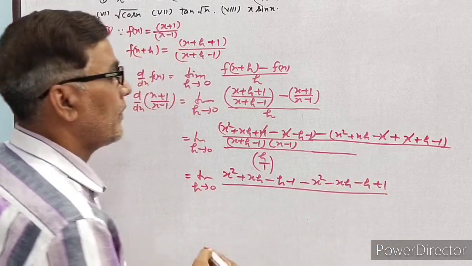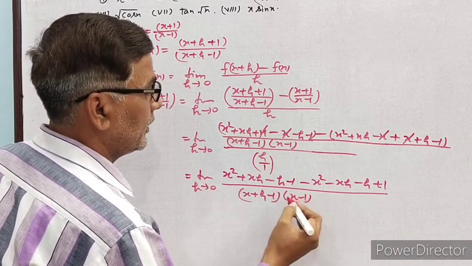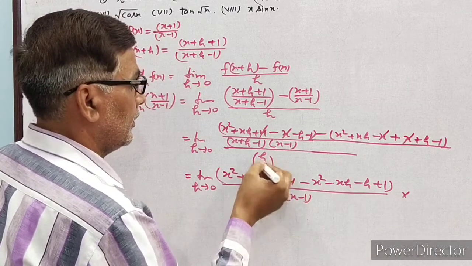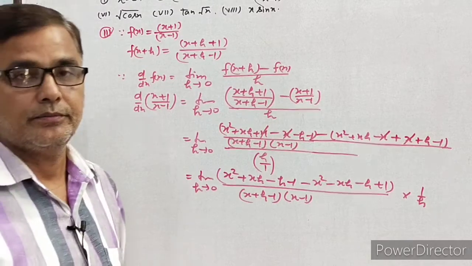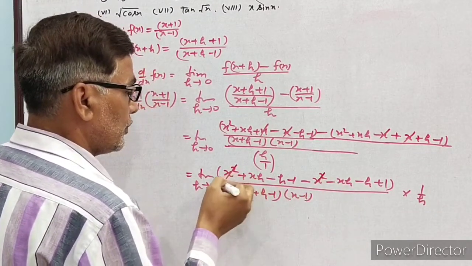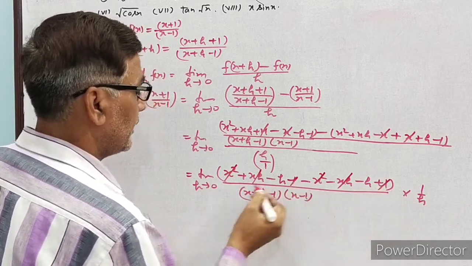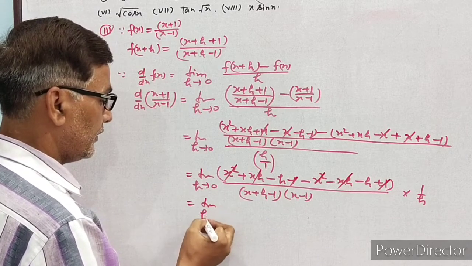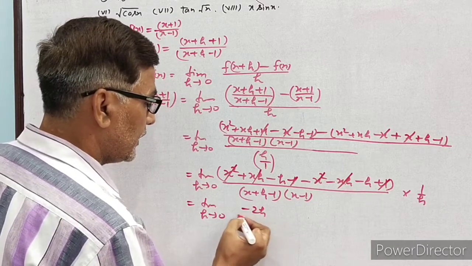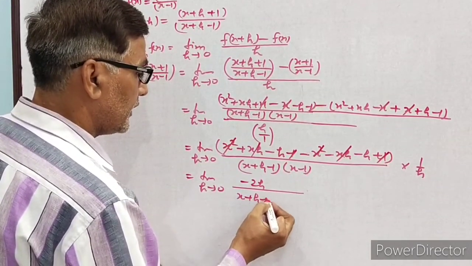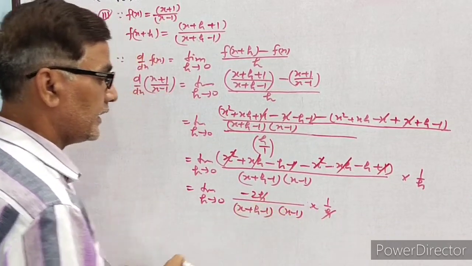Upon (x plus h minus 1) into (x minus 1), into now write the reciprocal of 1 upon h. Cancel out the x square minus x square, plus x minus x, and plus 1 and minus 1. We have here limit h approaches to 0, minus h and minus h becomes minus 2h upon (x plus h minus 1) into (x minus 1) into 1 upon h. h and h again cancel out.